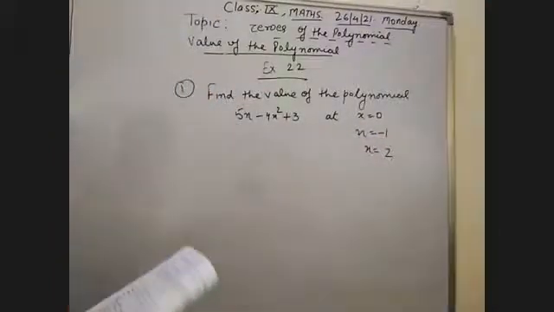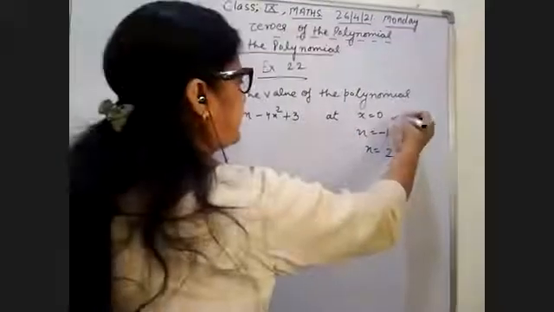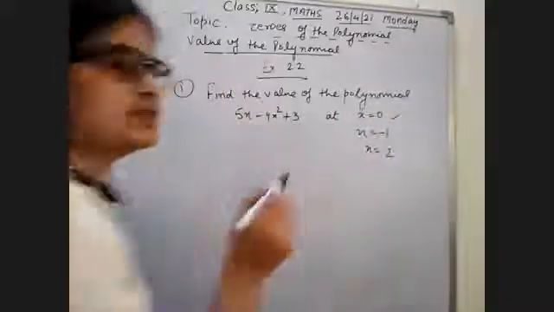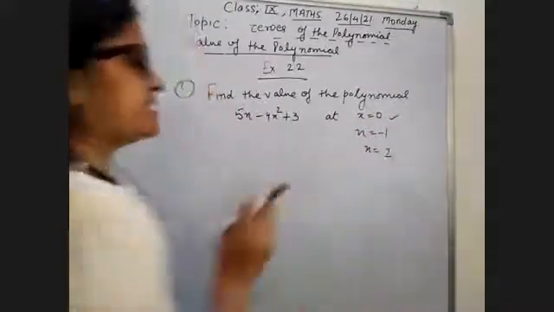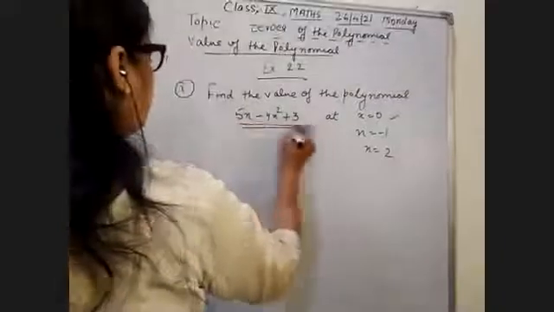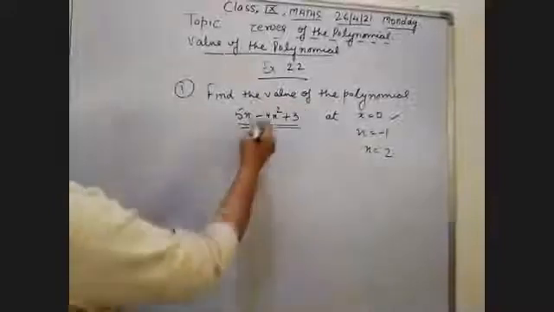Here three values are given. Now you put these values in this question and find the value of the polynomial.